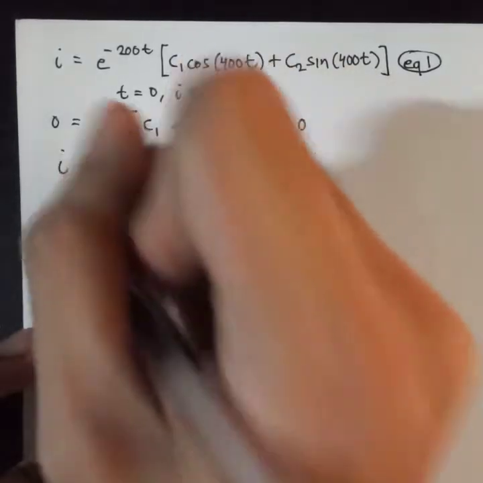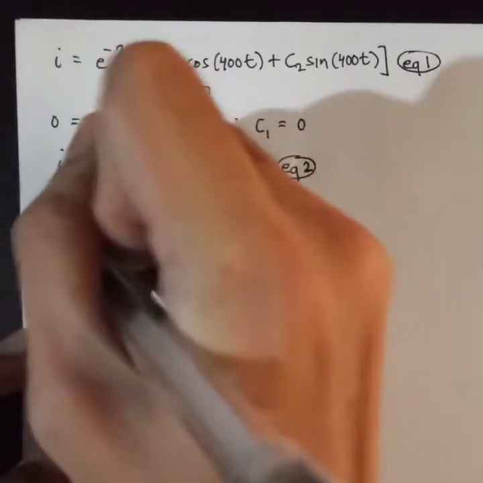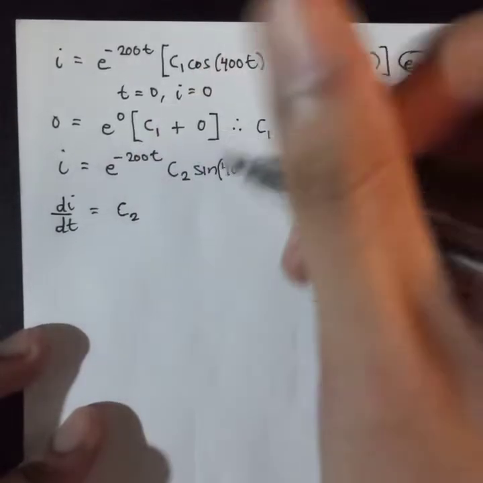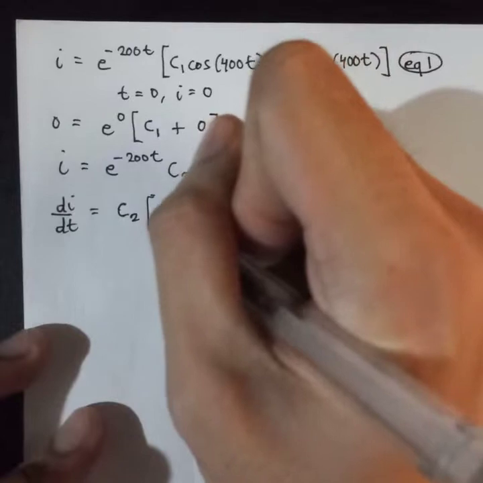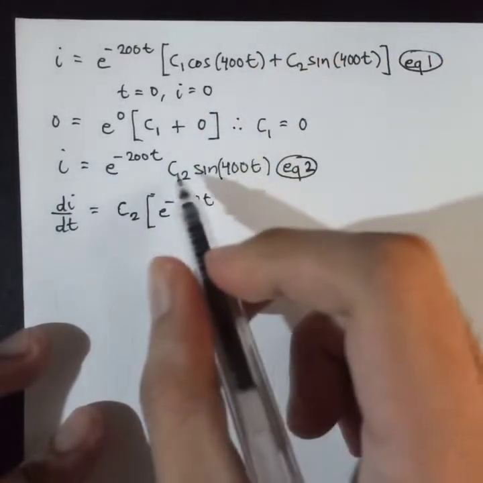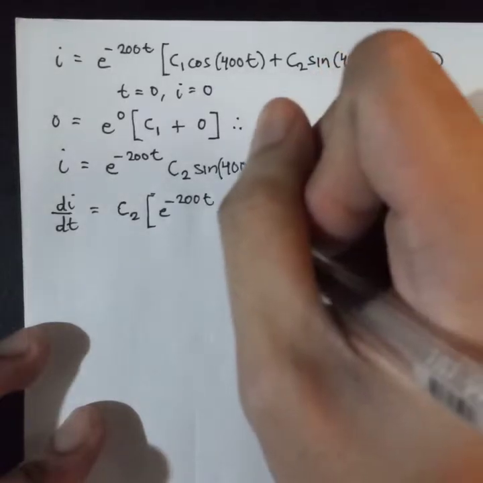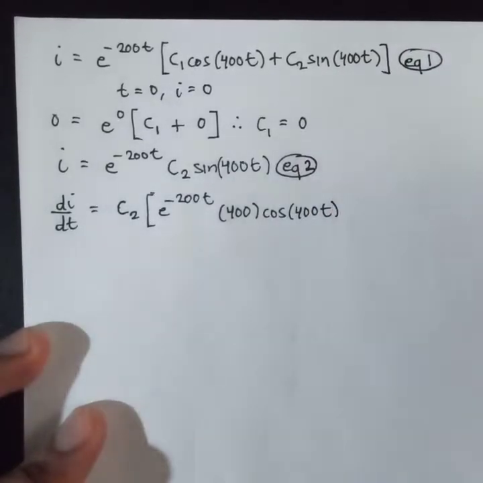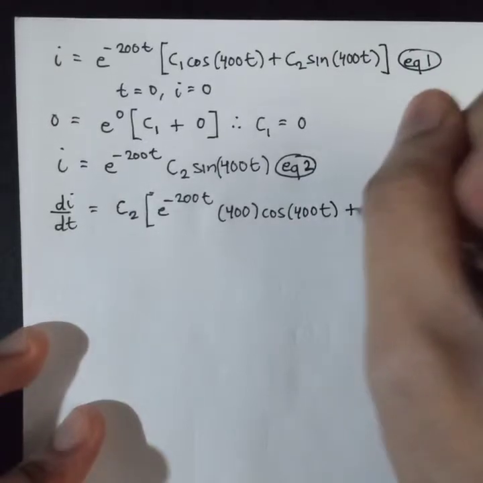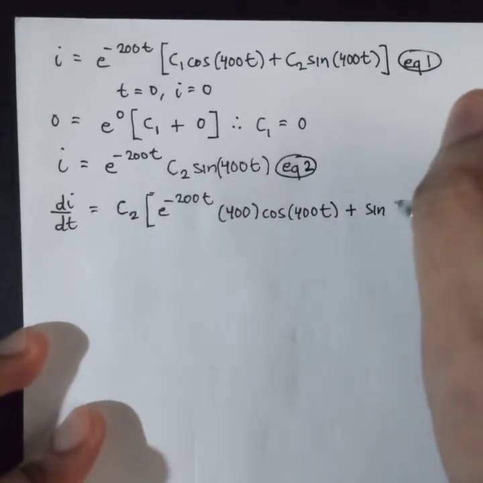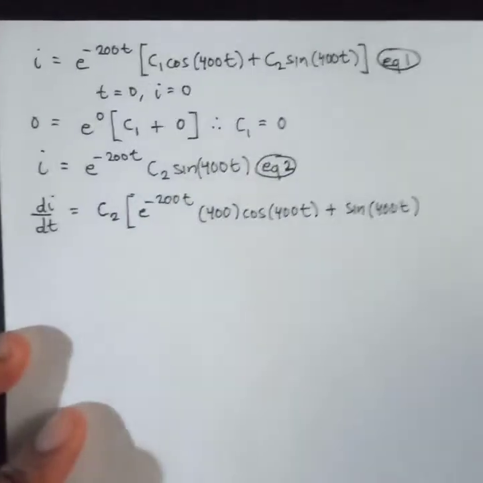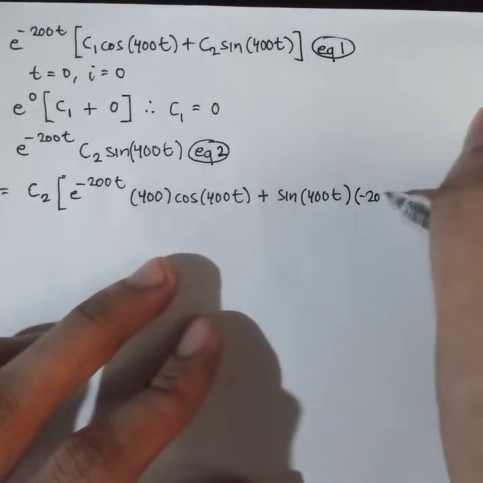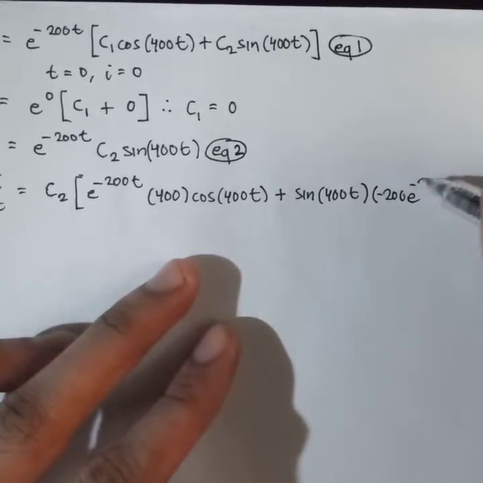So differentiating our equation 2, we get di over dt is equal to c sub 2, e raised to negative 200t times the derivative of sine 400t, that is 400 times cosine of 400t, then sine 400t times the derivative of e raised to negative 200t, which is negative 200 e raised to negative 200t.